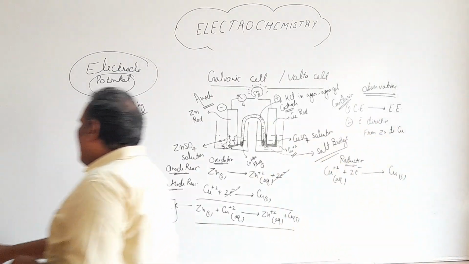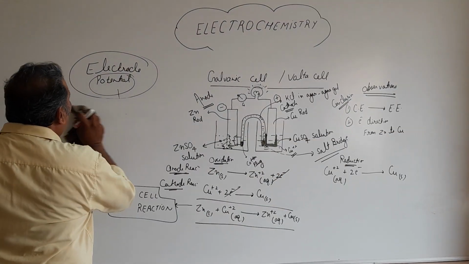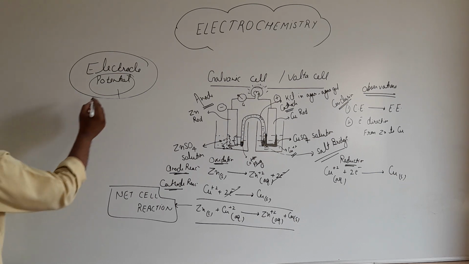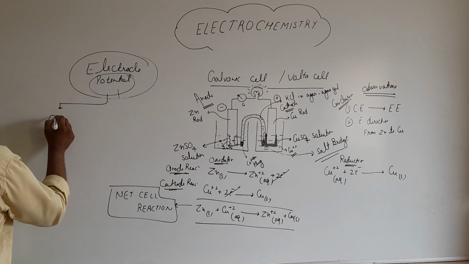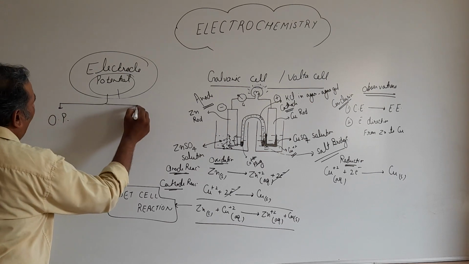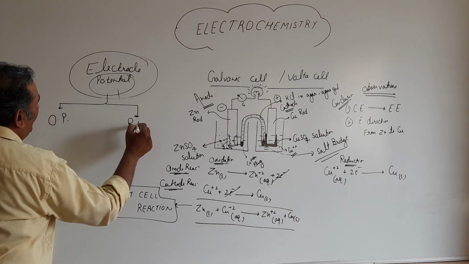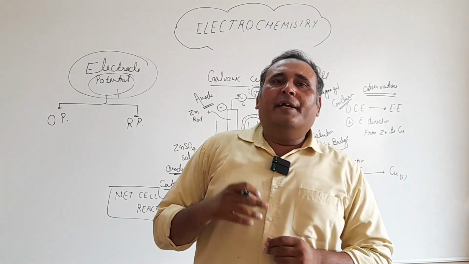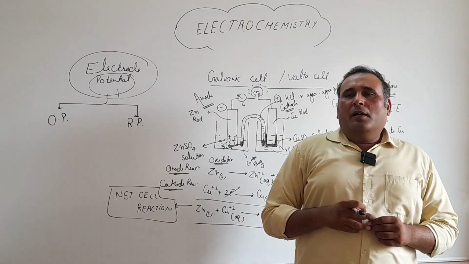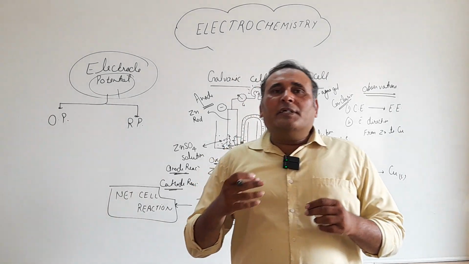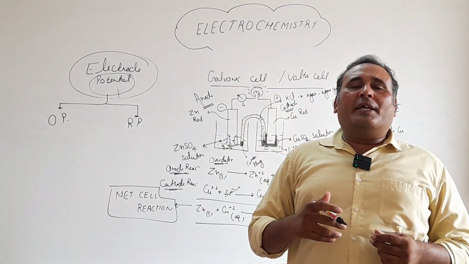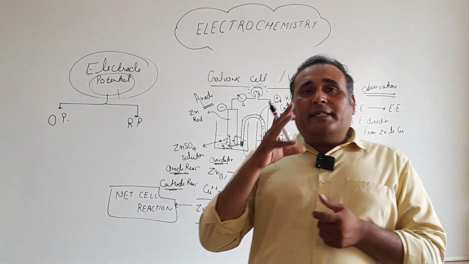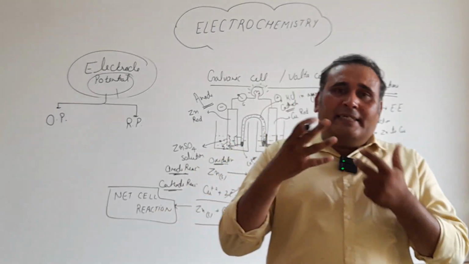Let's see. We can say electrode potential may be of two types. First one is oxidation potential and second one is reduction potential. What does oxidation potential mean? Oxidation potential of an electrode means its ability to oxidize itself.